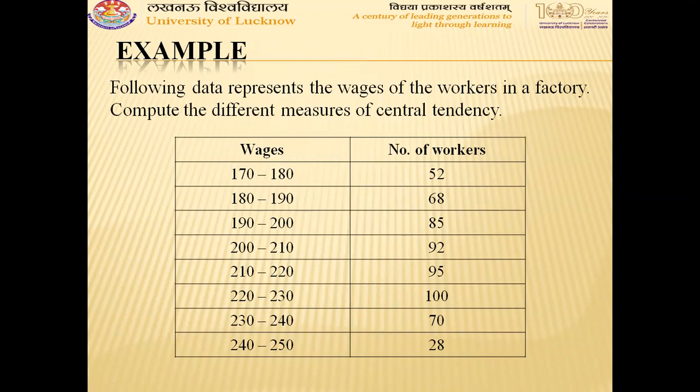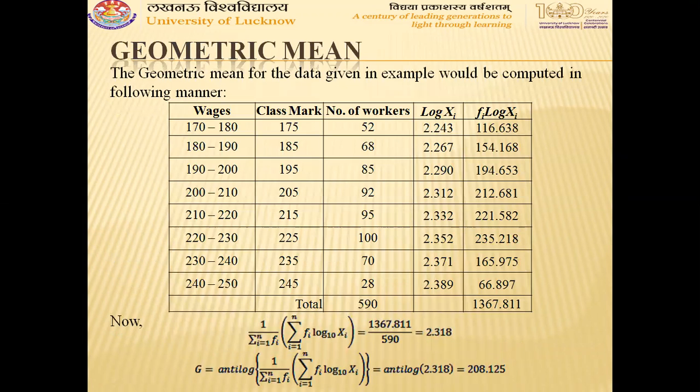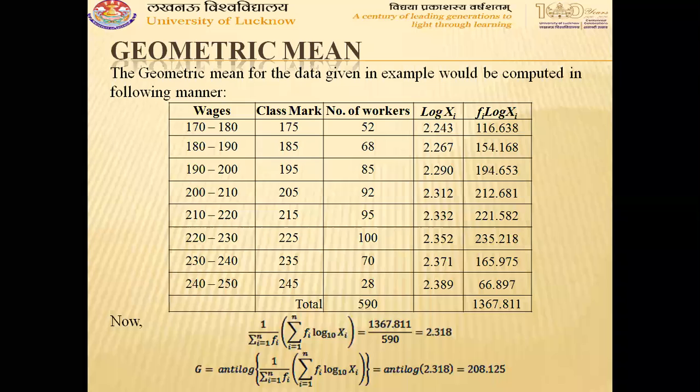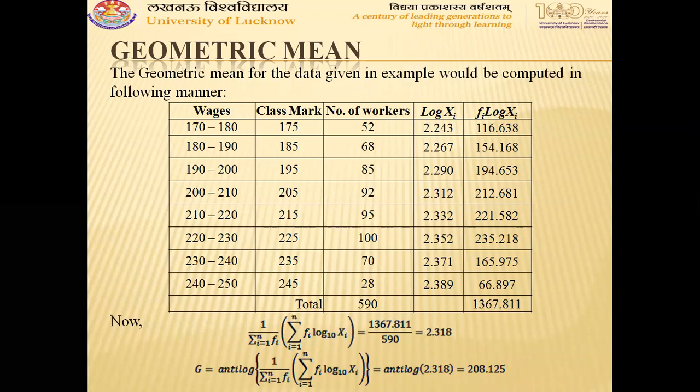Similarly, for class interval data, the data of wages and number of workers is taken. First, we calculate the class mark from the wages, which is obtained by using upper limit plus lower limit upon 2. Then that class mark represents xi.